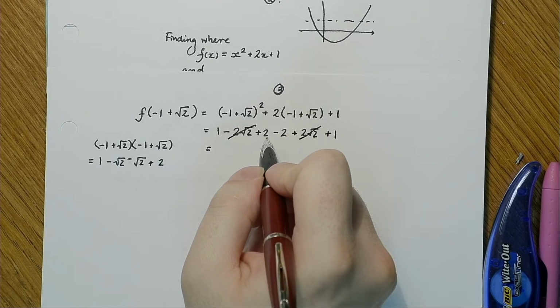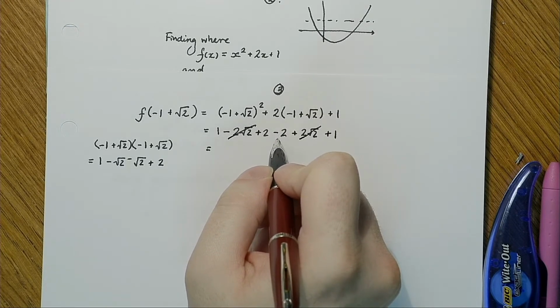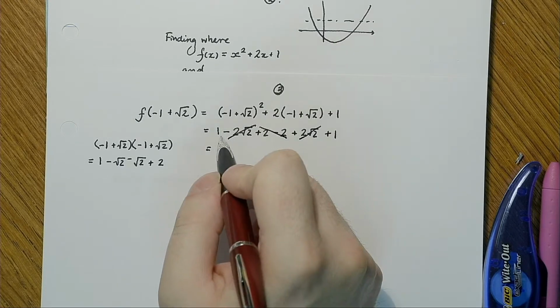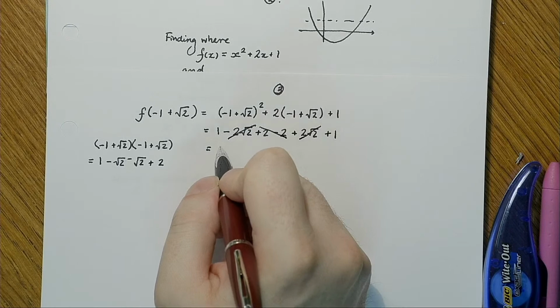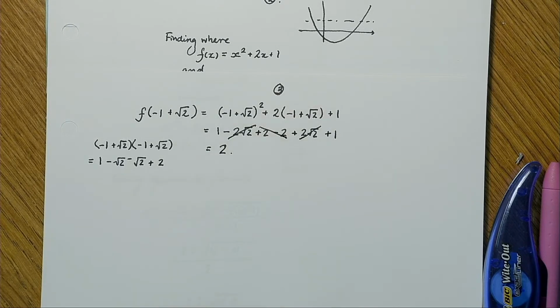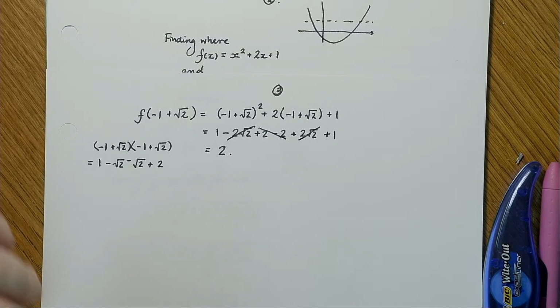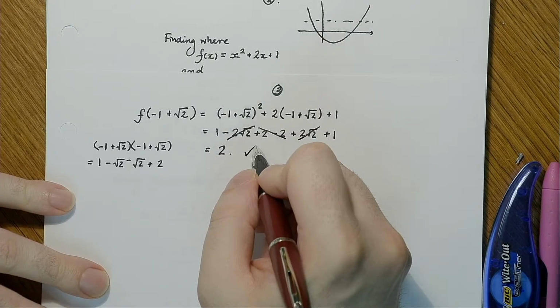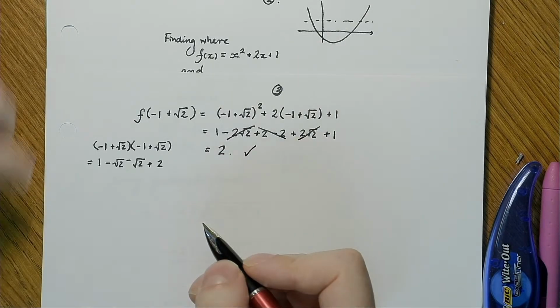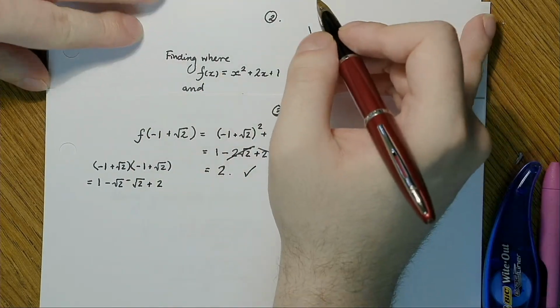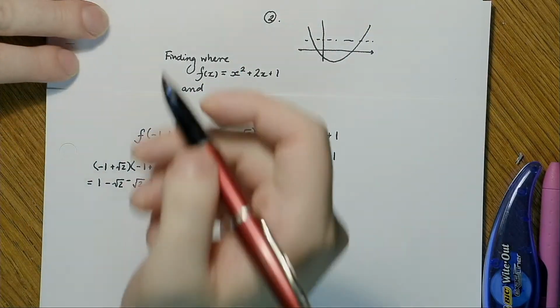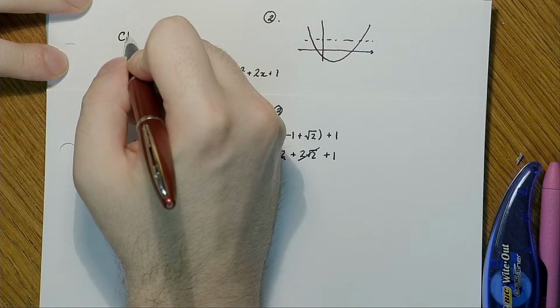I also have 2 minus 2 here, so that can cancel. And so I'm left with 1 plus 1, which equals 2. So that's a good way to check. So that's good. I'll just write that this was our check.